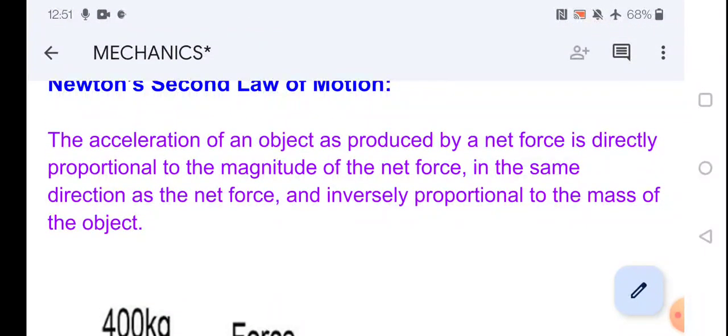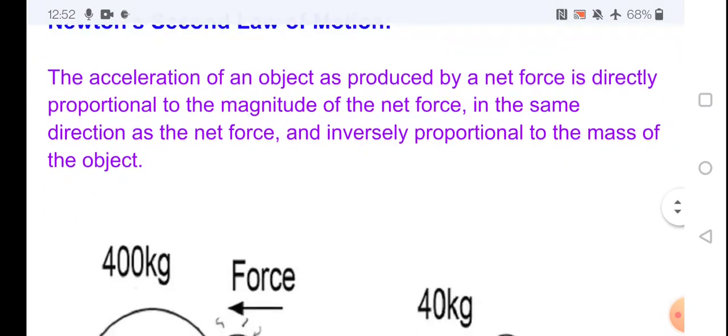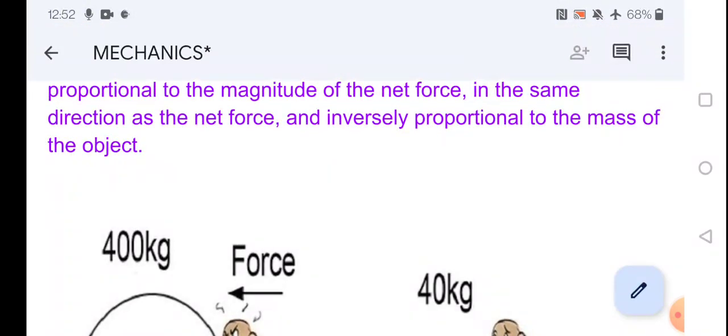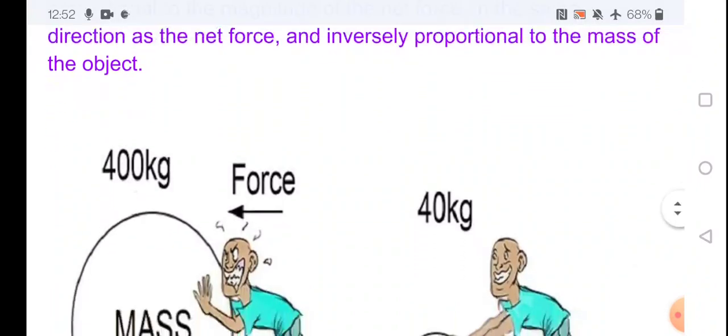First we'll learn this sentence. The acceleration of an object as produced by a net force is directly proportional to the magnitude of the net force in the same direction of the net force, and it is inversely proportional to the mass of the object.